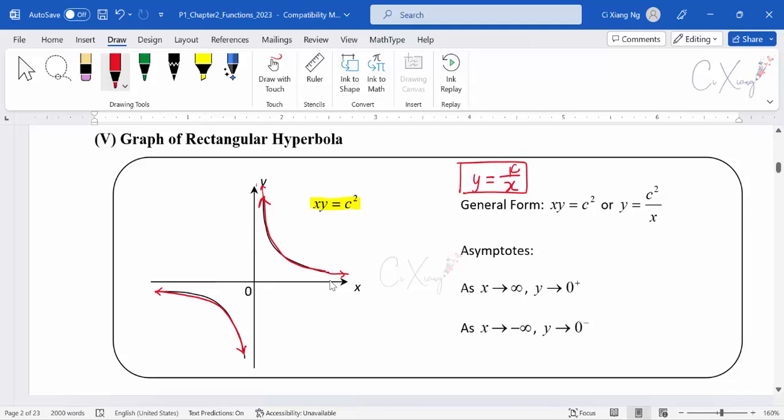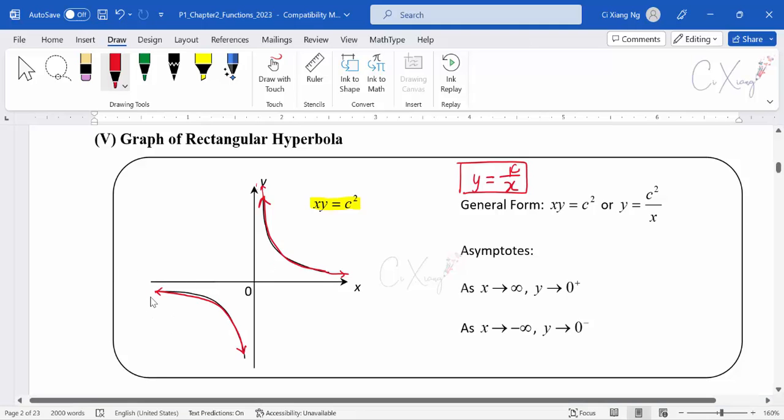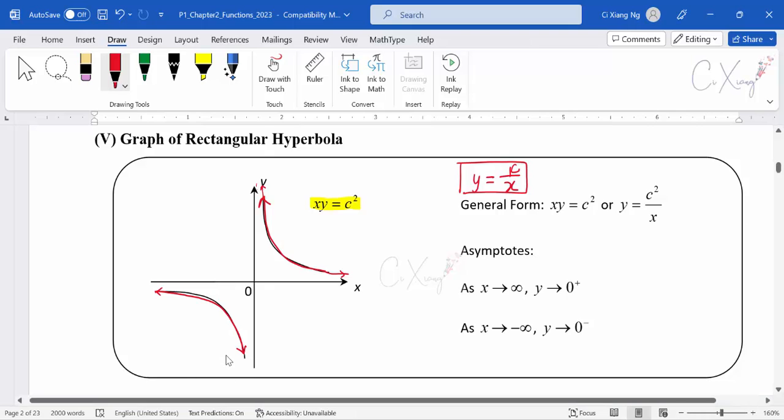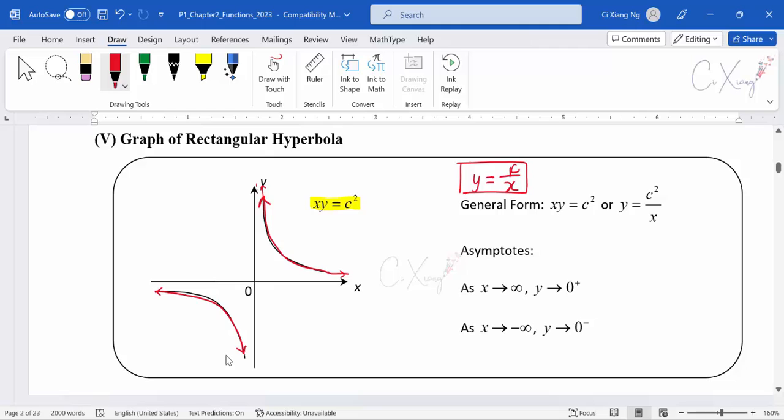The same pattern can be observed for this part of the graph as well. Getting closer and closer to the x-axis, but it will not touch it. This part gets closer and closer to the y-axis, but the graph will not touch the y-axis. So this is a general idea about the shape of the rectangular hyperbola. Then we can learn a specific word.